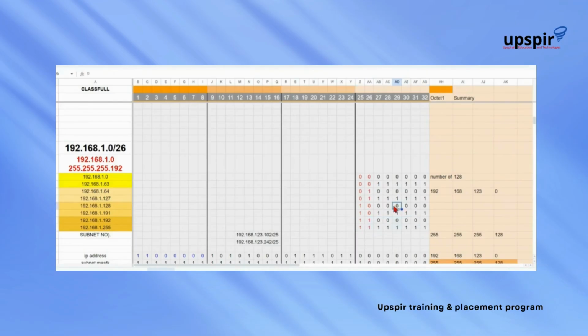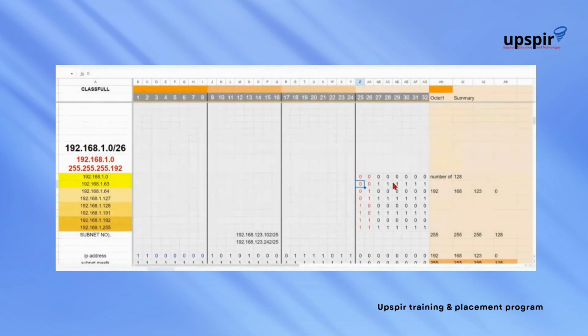You can easily make out why this particular IP address and this particular IP address are in two different subnets, because my network bit value has changed. And once my network bit value has changed, it means that I am talking about a different network altogether. So this is the entire concept of subnetting. Using this, you can create multiple networks.